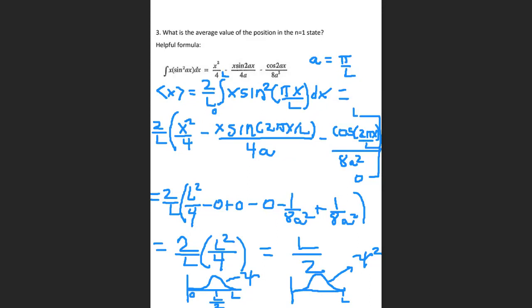And this is a bump that peaks at L over 2 and is symmetric on either side. In other words, our answer makes pictorial sense. Questions here? Okay.